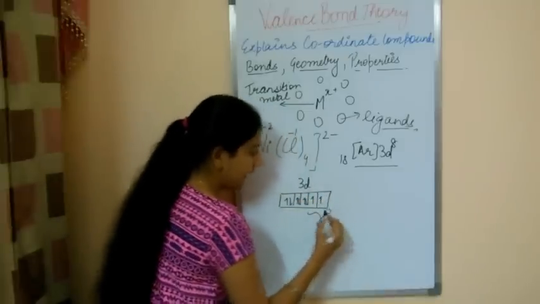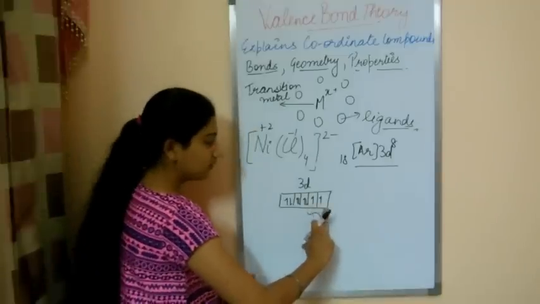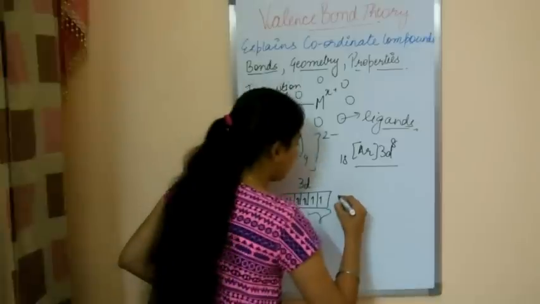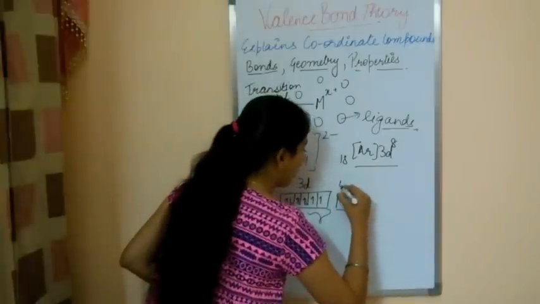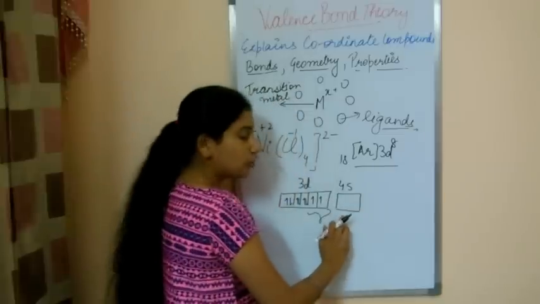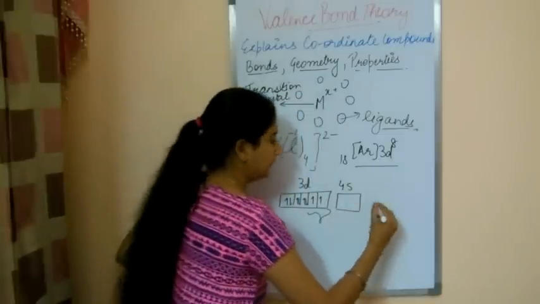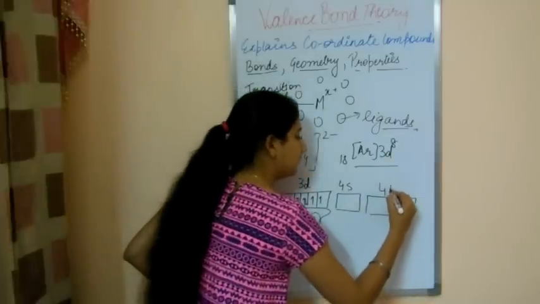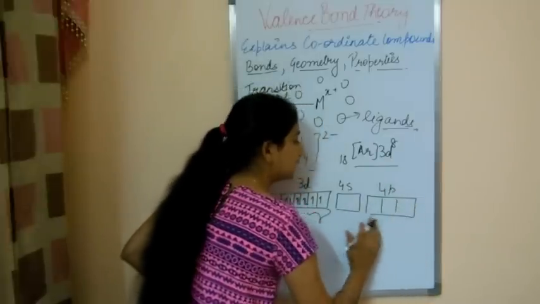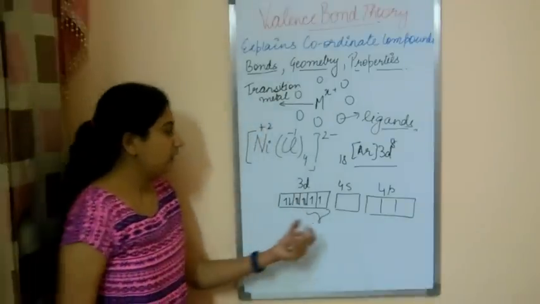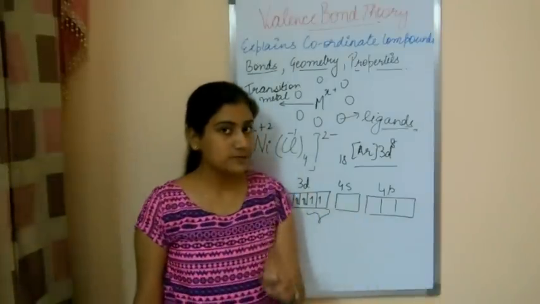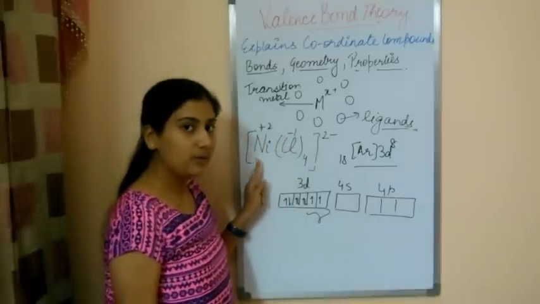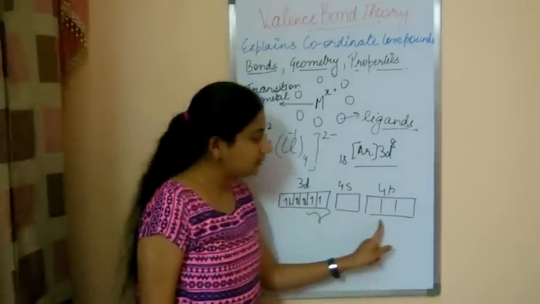These two are half filled because they have one electron. The 4s is going to be completely unfilled. Obviously the next orbital will be 4p. This is also empty. Now we can see that the first feature of valence bond theory is that the metal atom or ion provides empty orbitals.